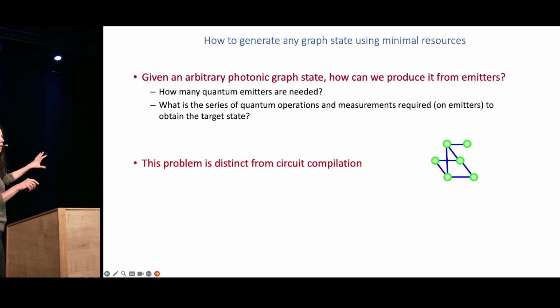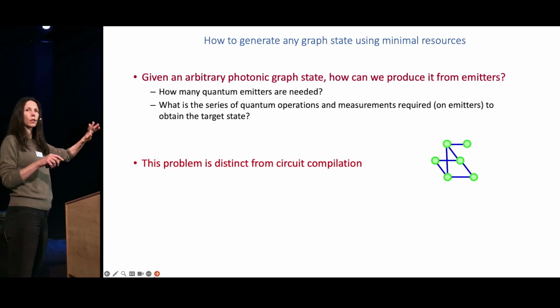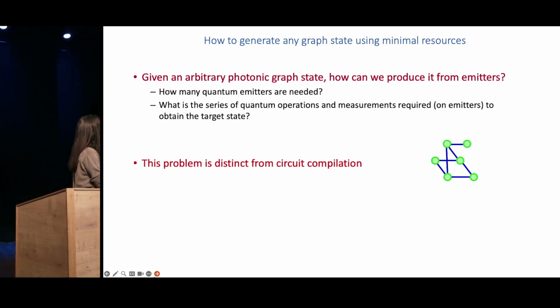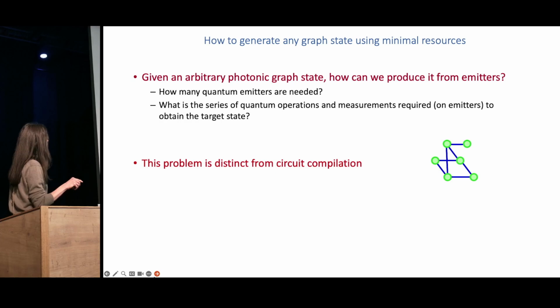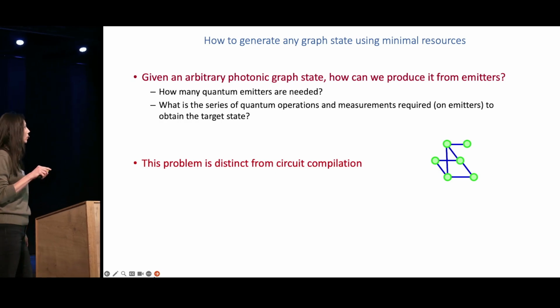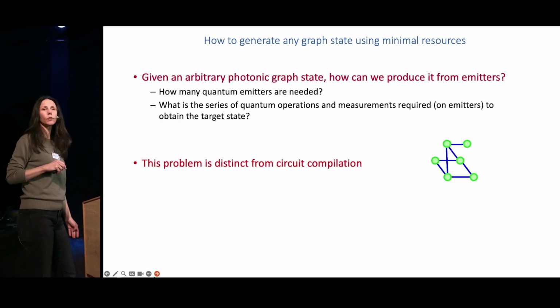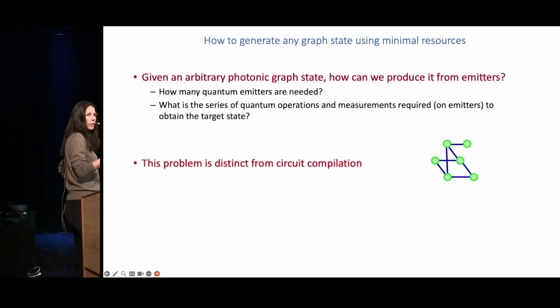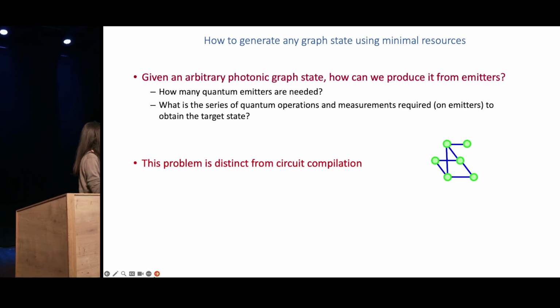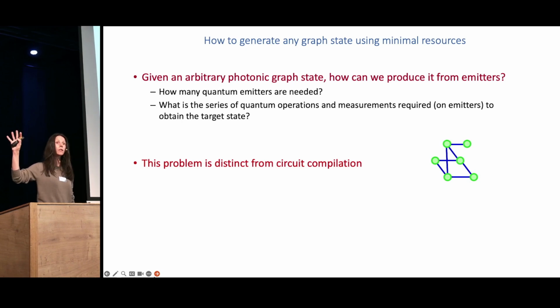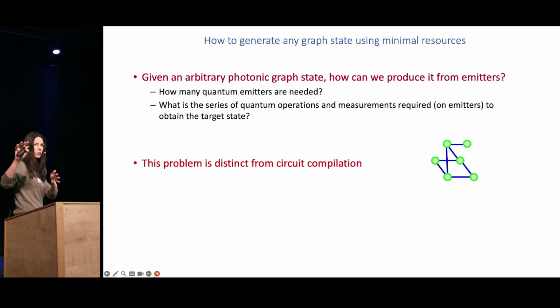I'm just going to give you the highlights, and then if anybody's interested, I can talk about it offline. So the goal here is to create an arbitrary photonic graph state that's emitted from quantum emitters. And I can ask how many quantum emitters do I need, and what do I need to do to them? So you can think of this a little bit as a compilation problem. My target state is some final state, and I want to have a circuit that creates it.